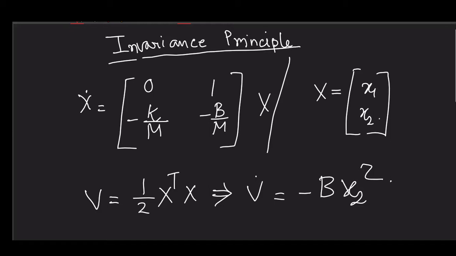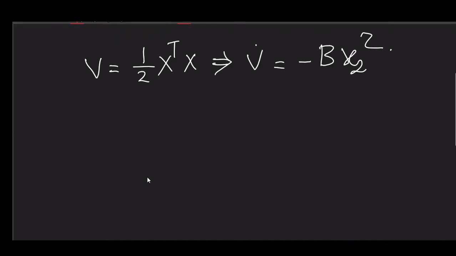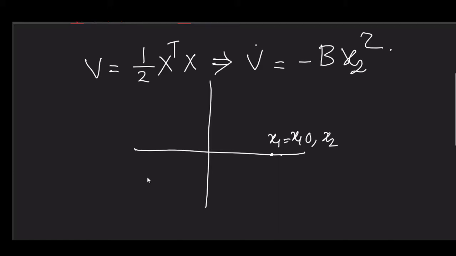Because if you draw its phase portrait, what you will get is something like a spiral. Typically you start with x1 some non-zero value, say x1 is equal to x1 0 and x2 is equal to 0. This is your initial condition at t equal to 0, and then this forms a spiral like this.